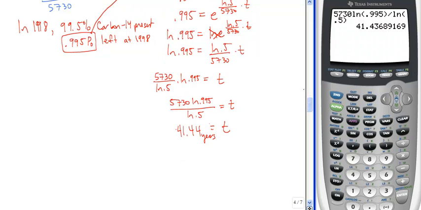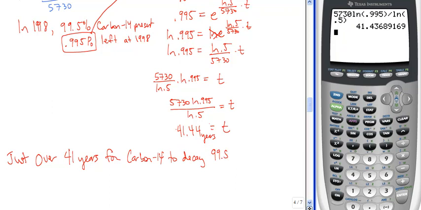It means that it took 41.44 years for this carbon-14 to decay to 99.5%. So it took just over 41 years for the carbon-14 to decay to 99.5% of the original amount.